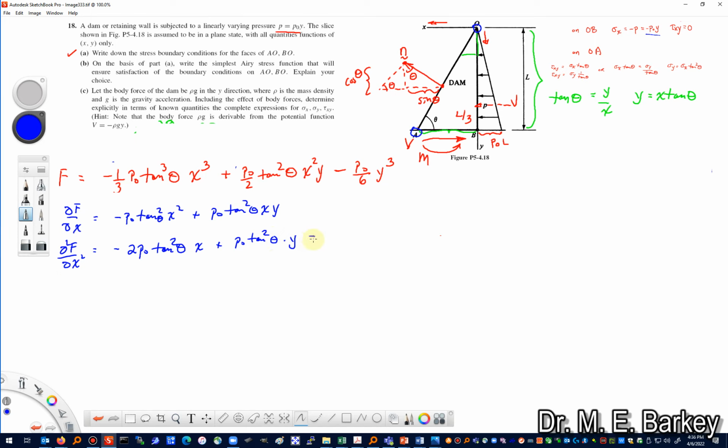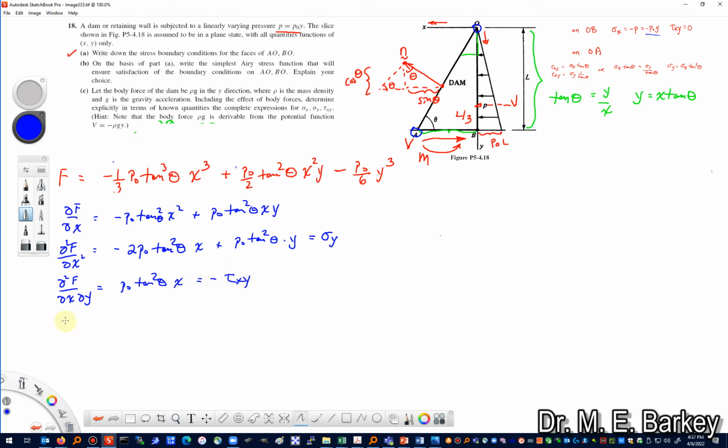Okay, and so that would be our sigma y. Second partial derivative with respect to x and y. Okay, so now take a partial derivative with respect to y. This term goes away, and this term will be p naught tangent squared theta times x. Okay, now that would be minus tau xy.